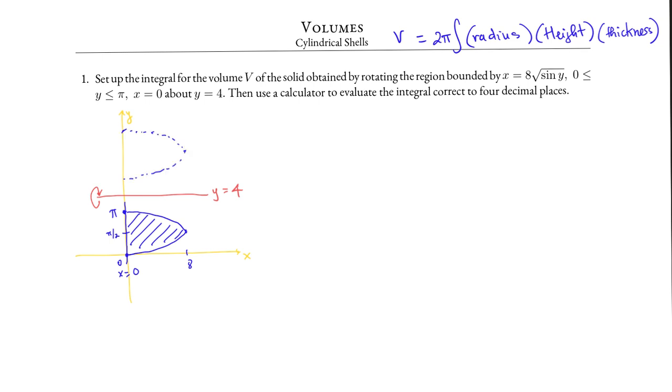To find the volume of the solid, we will attempt to use the washer method to see what happens. If we were to use the washer method, then we would slice the solid perpendicular to the axis of rotation, which is y equals 4. We would therefore obtain an annulus. Using the washer method, the inner radius is from the axis of rotation to the curve, and the outer radius is also from the axis of rotation to the same curve.